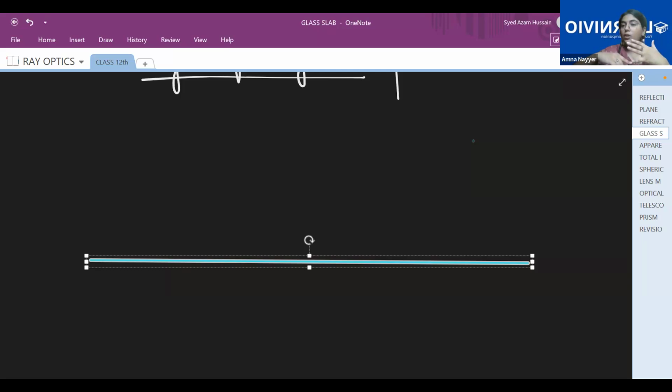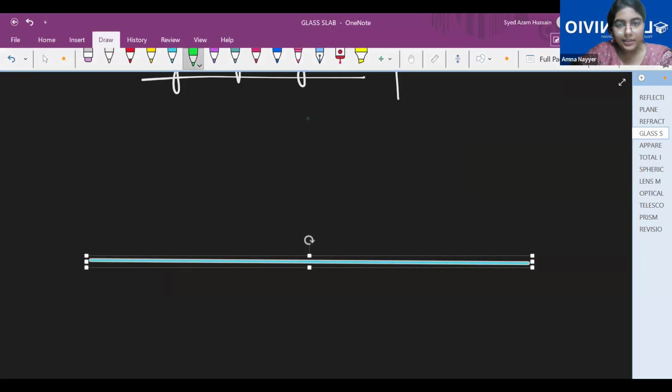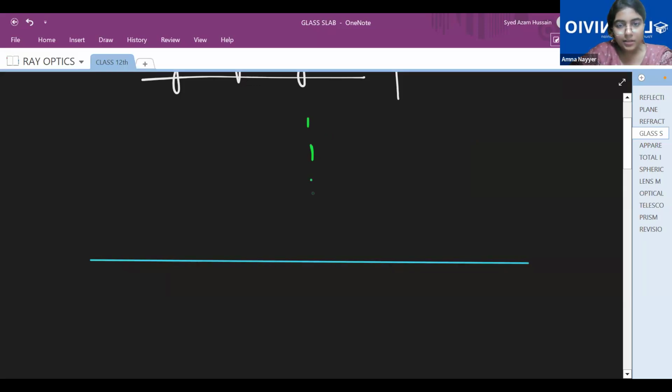And see, this density is not your mass by volume density that you have studied earlier. This is the optical density about the glasses, about the spherical glasses, which they are actually a part of. So whenever there's a light ray, let's say this is the normal. Now, let's say a light ray is incident.